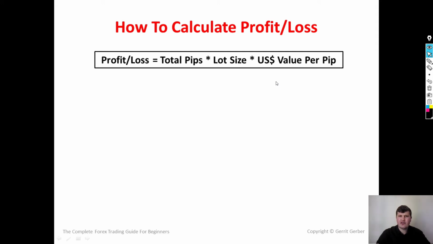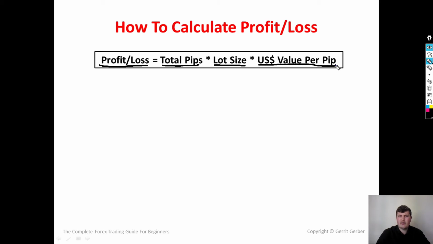In lecture 4 I'm going to show you guys exactly how you can calculate your profit or loss for a specific trade you are in, and we will be making use of this extremely straightforward equation below, with the profit or loss being equal to the total pips of your trade times the specific lot size you entered times the dollar value per pip.